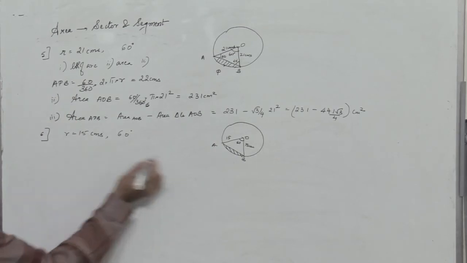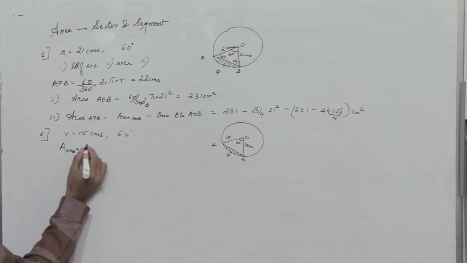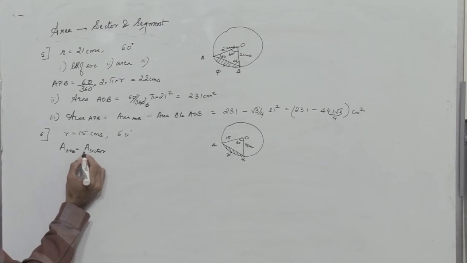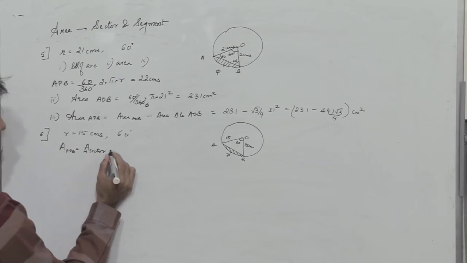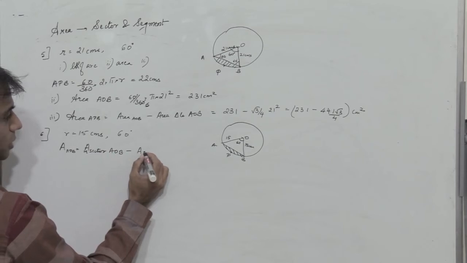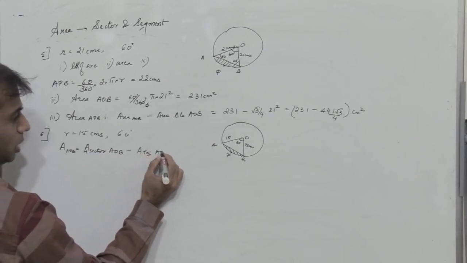So the area of the minor segment APB is the area of the sector, we should say the minor sector AOB, minus the area of triangle AOB.